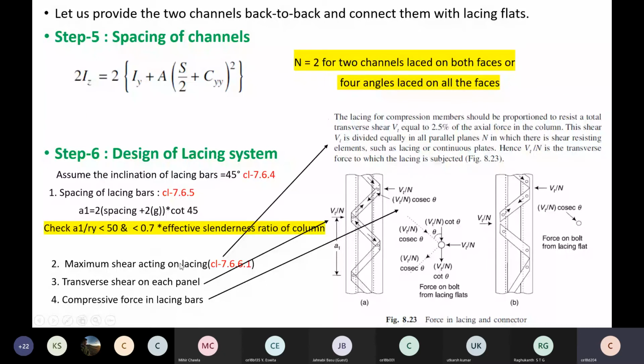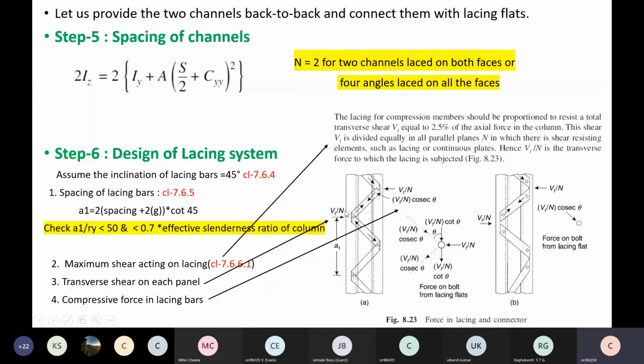So the maximum shear acting on the lacing will be 2.5% of 1080 kilonewton. What will it be? 27.